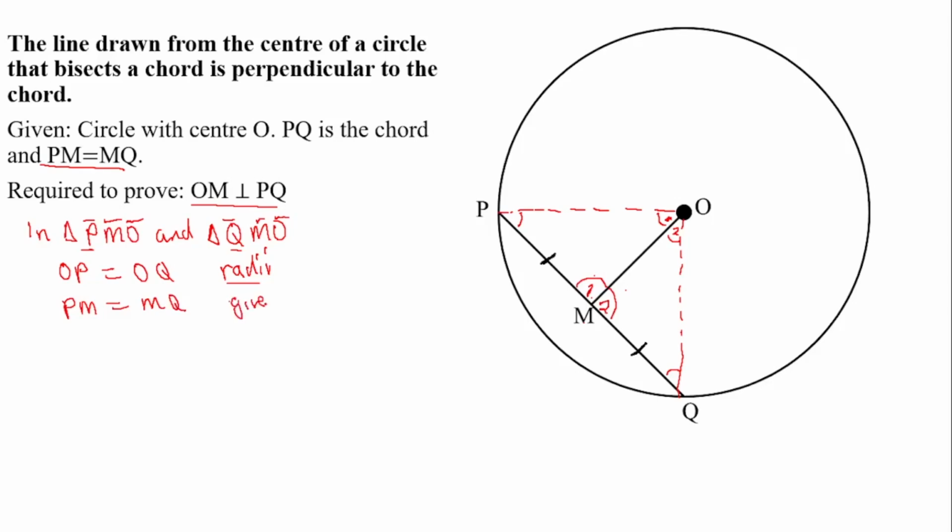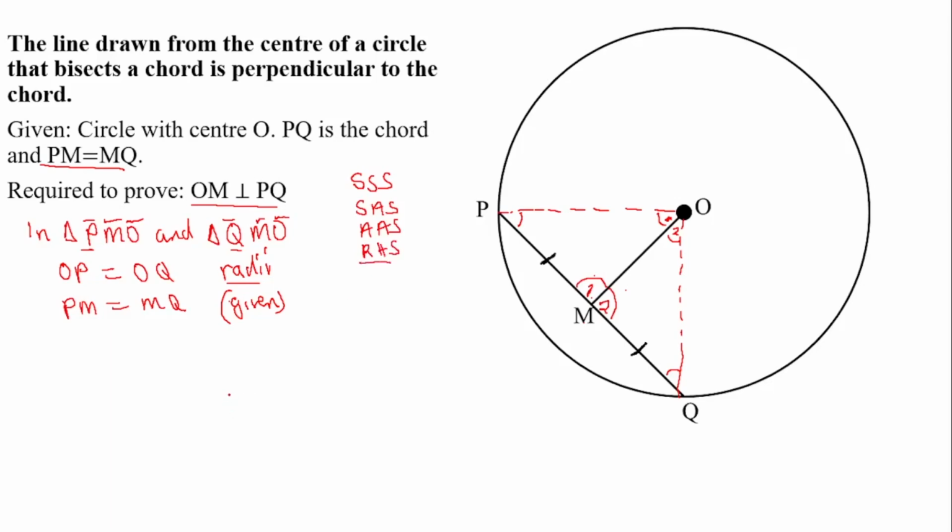Given. And then what else are we given? Remember the conditions for congruency. We have side, side, side. Okay? And then we have side, angle, side. And then we have angle, angle, side. And then we have right angle, hypotenuse, side.